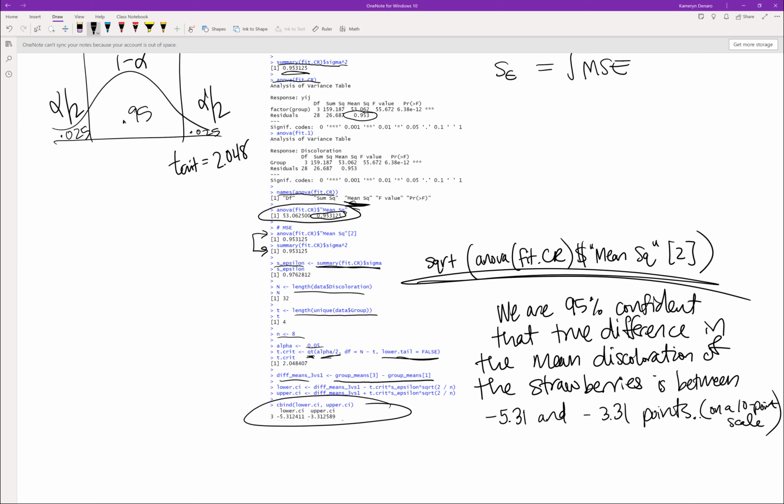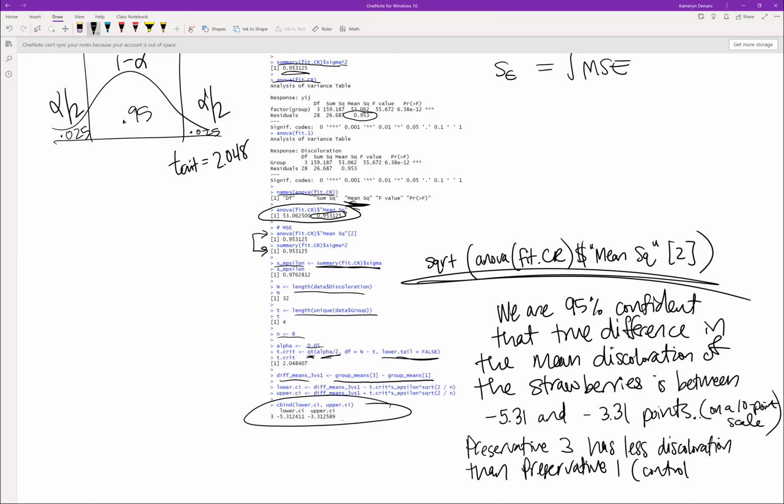Okay, now what that means in general is that preservative 3 has less discoloration than preservative 1, which is our control group.